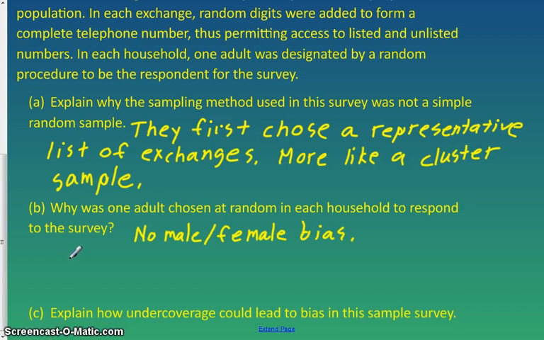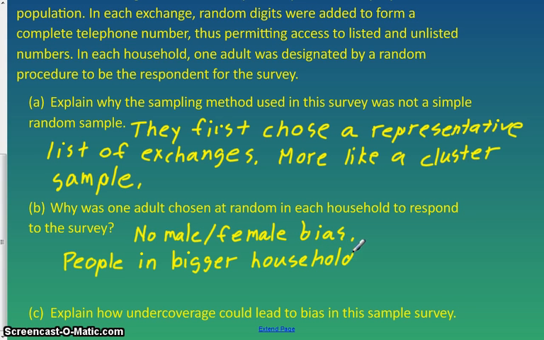Might even say something about would people in bigger households might otherwise be overrepresented.